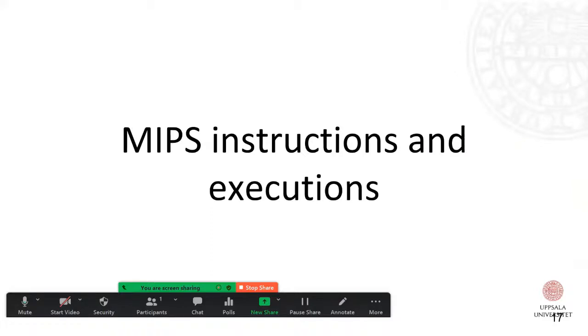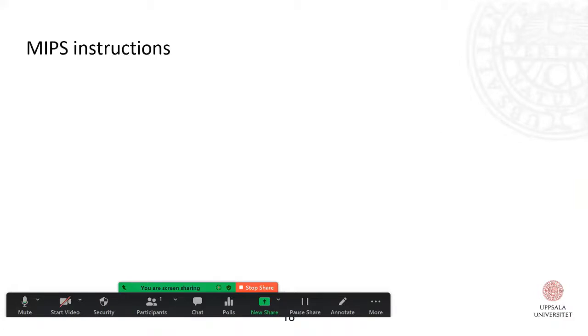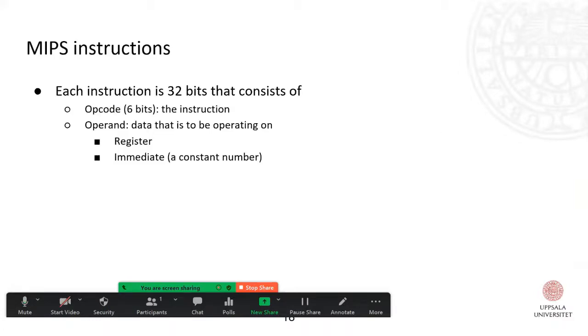So now let's go to assembly programming. Each assembly instruction in MIPS has 32 bits and consists of several parts. The first part is called the opcode, which is always 6 bits, and which is the instruction. For example, it is add or subtract or load or store.